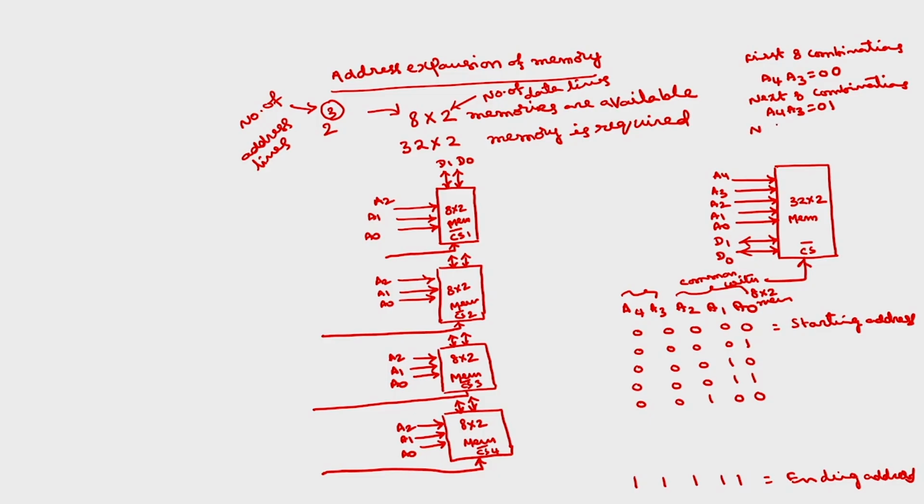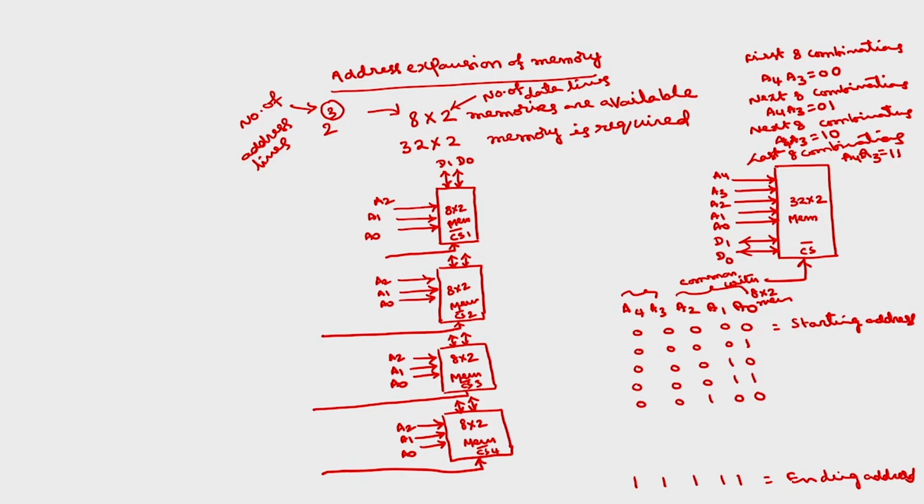In the next 8 combinations, A4, A3 is equal to 1 0. In the last 8 combinations, A4, A3 is equal to 1 1.